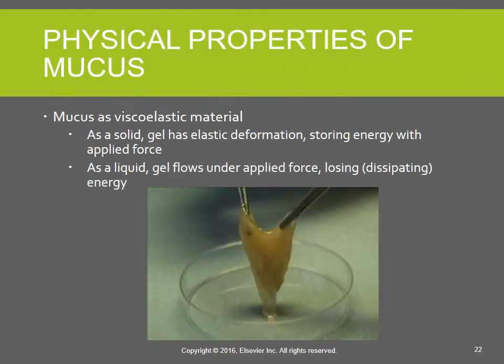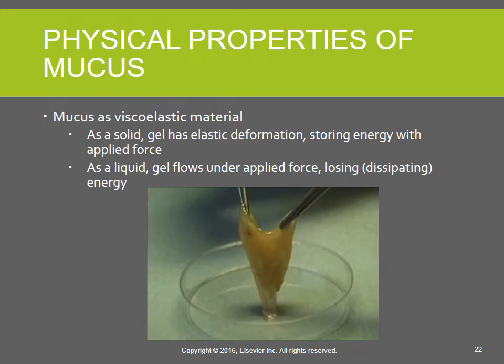Mucus as a viscoelastic material. The mucus gel is a viscoelastic material and responds to an applied stress as a fluid and as a solid. As a solid, a gel has elastic deformation, storing energy with applied force, such as ciliary beating.